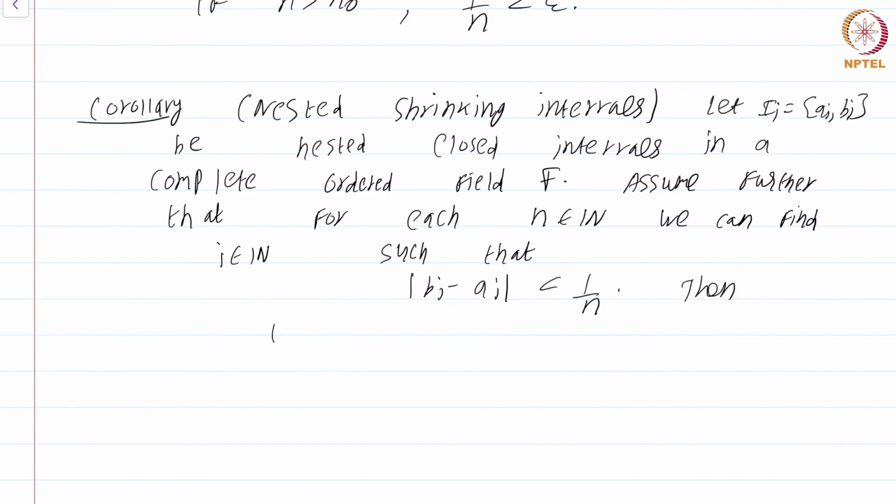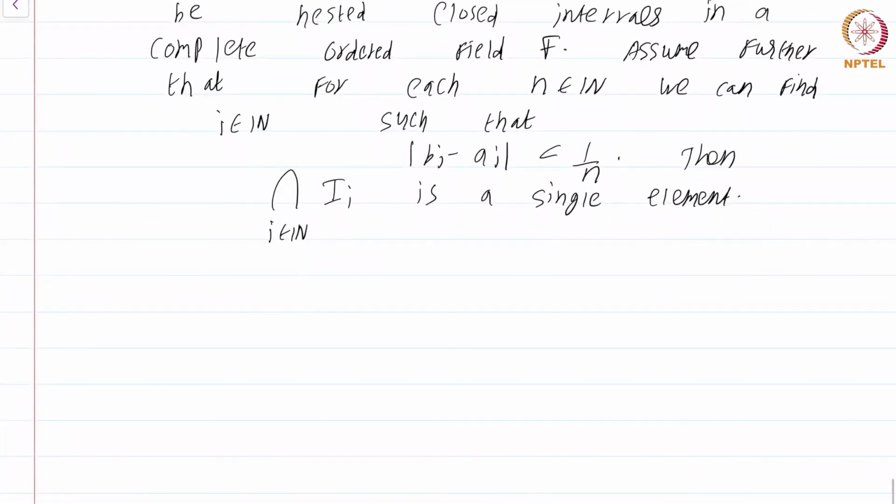Then the intersection of the I_n is a single element. Okay. Note that in the nested intervals theorem, we just have that the intersection of the I_n is some non-empty set. Now we are saying that it's going to be a single element.